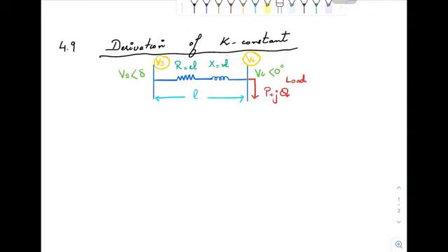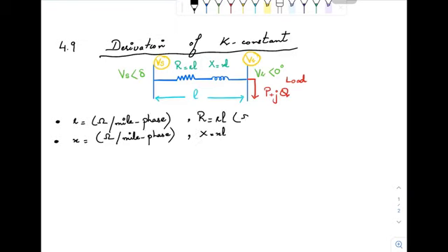So we can have the following notation. We are performing the per phase analysis, that's why this resistance is in ohms per mile per phase, and this is the resistance in ohms per phase, and this is the per unit length resistance.